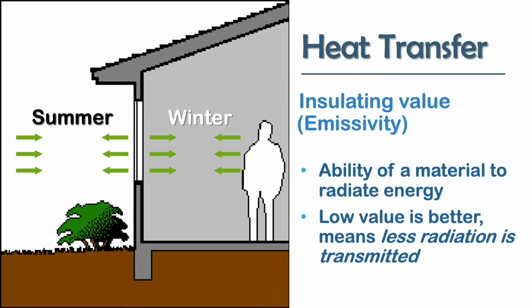If you have glass with an emissivity of 0.04 instead of 0.84, 96% of our long-wave radiation is reflecting back into the room and therefore reduces the need for supplementary heating. Glass with a low emissivity will also have a lower U value.